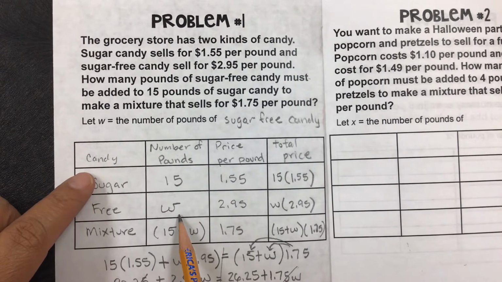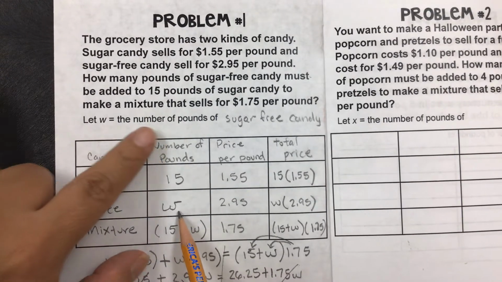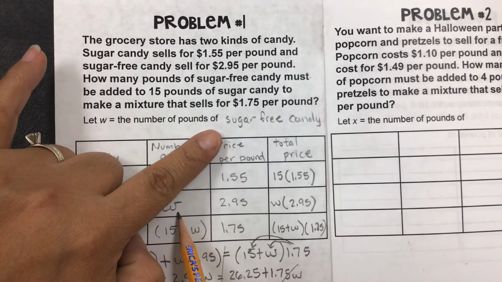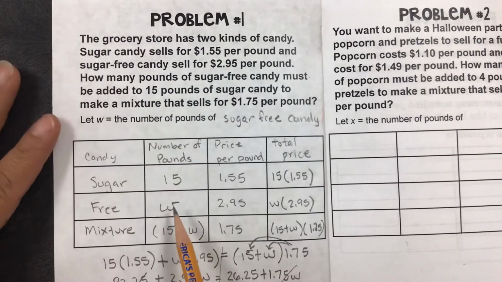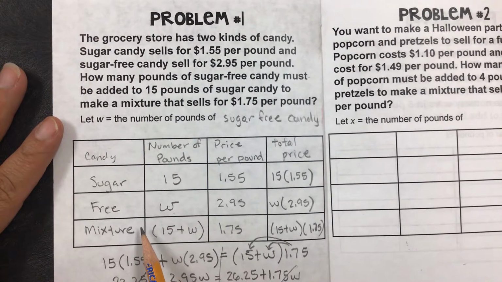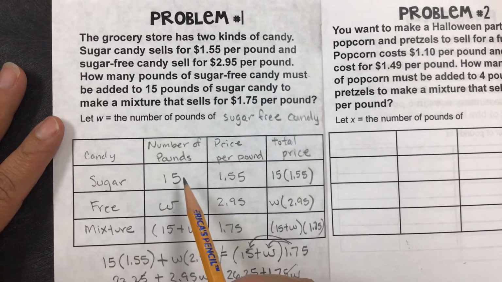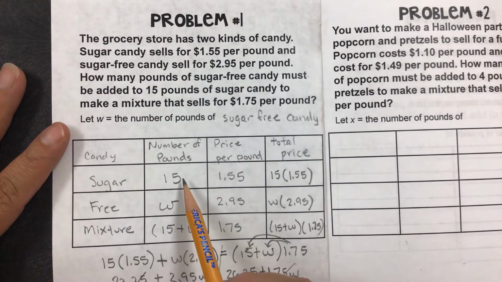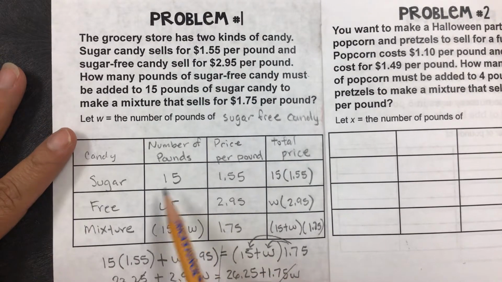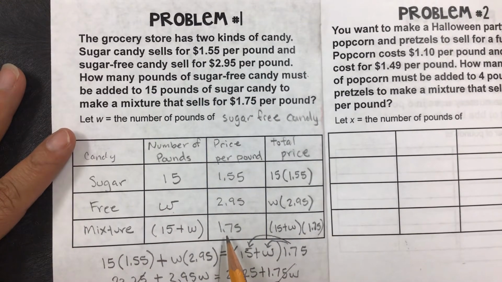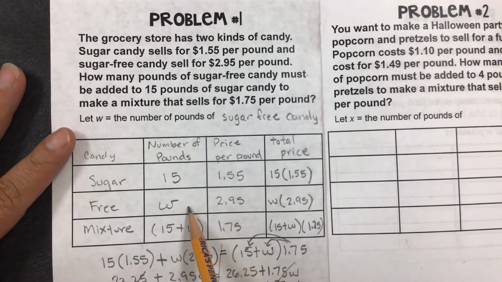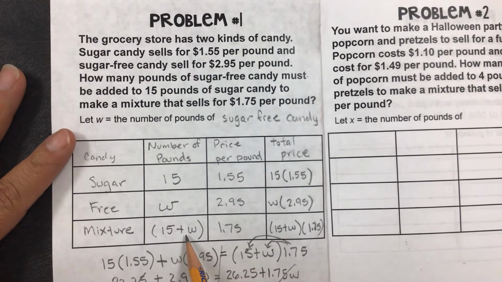That's where I got my W. The number of pounds of sugar-free candy, W, should be added to 15 pounds of sugar candy, so right here's the 15 pounds of sugar candy, to make a mixture that sells for $1.75. Put these two together, that's 15 plus W.